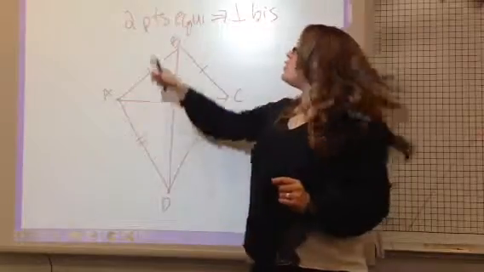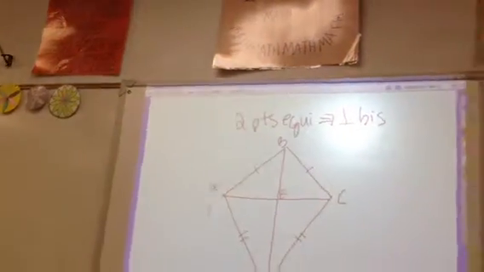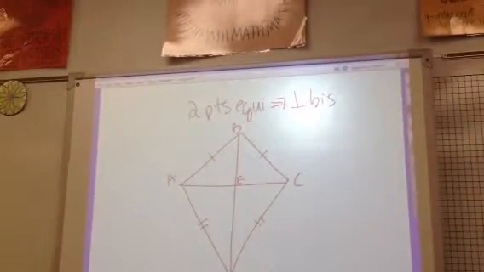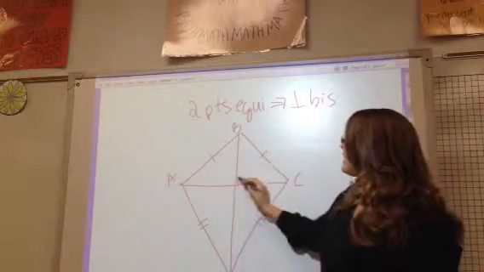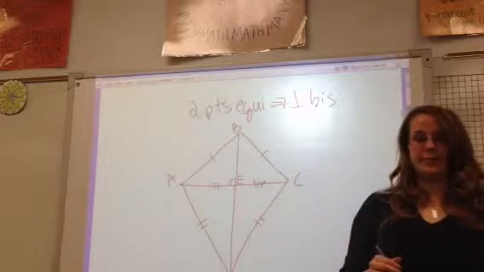Since I know that I've got 2 points that are equidistant, that implies that this and this, we have a perpendicular bisector.